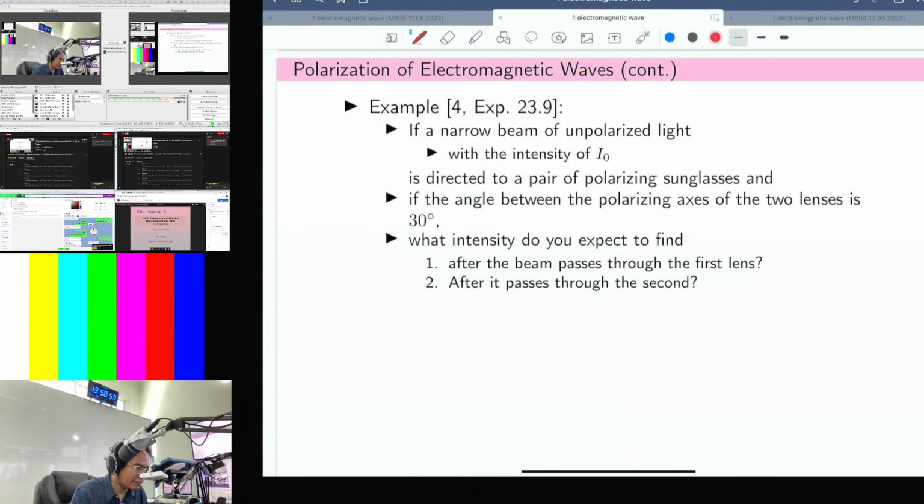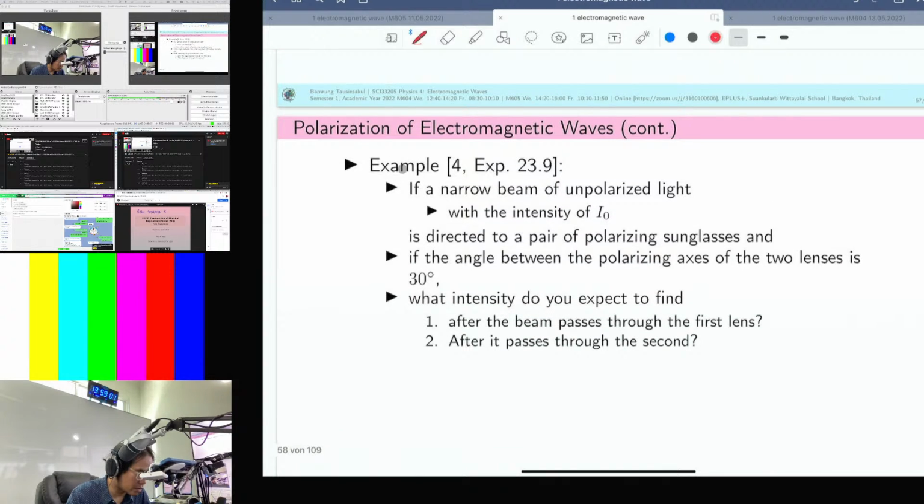Okay, we arrive at, I think, the third example for calculation, right? Please keep in mind that the midterm exam will be 100% based on the examples here, or the difference will be only the numbers.